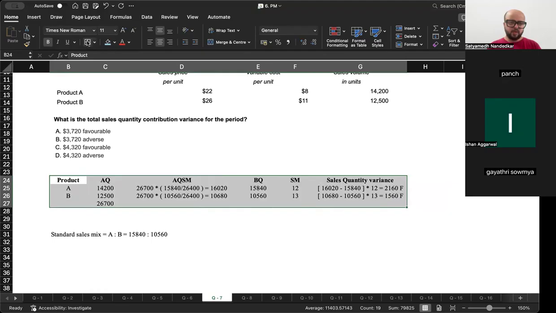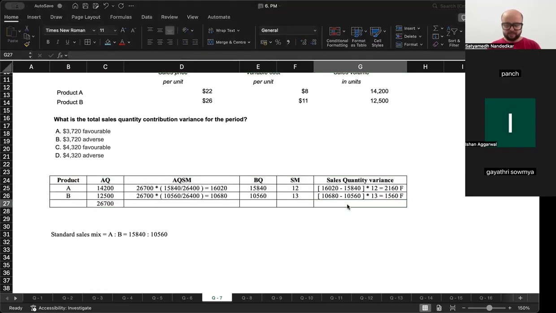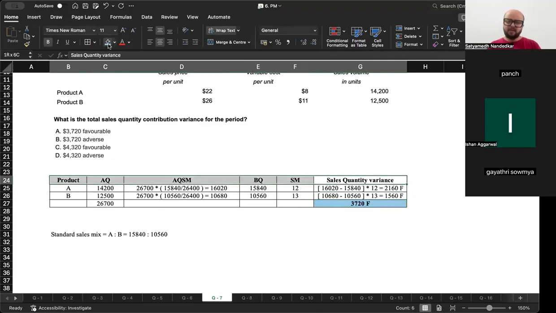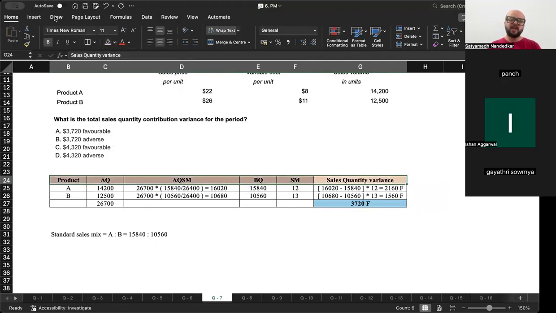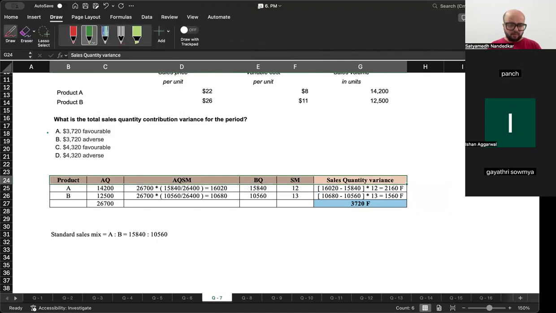Total, tell me, how much is the total variance? 3720. 3,720 favorable. This is your sales quantity variance. Okay. Again, formula based approach, you don't need to think too much, but yes, you need to be good with formulas to be able to tackle this. Okay. Any questions in this one?